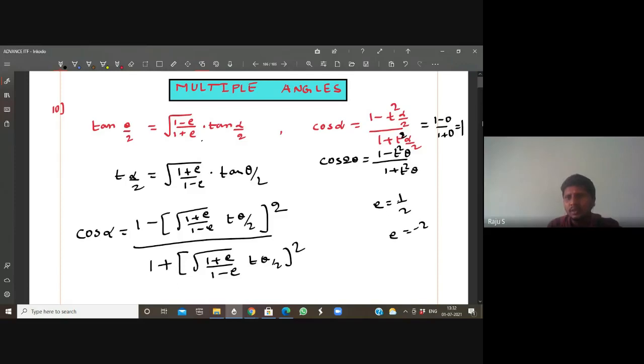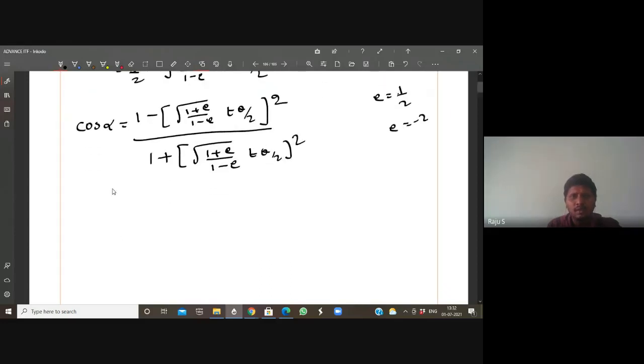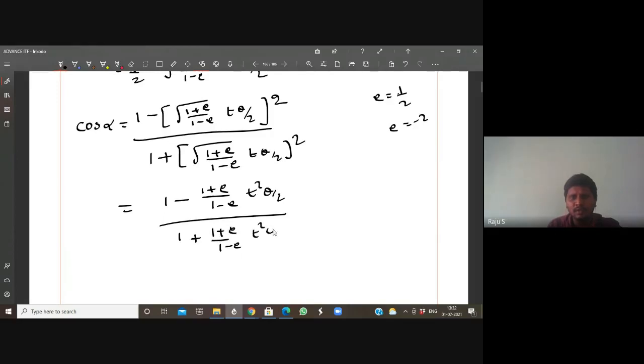Now students, you can simplify it. The square root gets cancelled. [1 - (1 + e)/(1 - e) tan^2(theta/2)] by [1 + (1 + e)/(1 - e) tan^2(theta/2)].